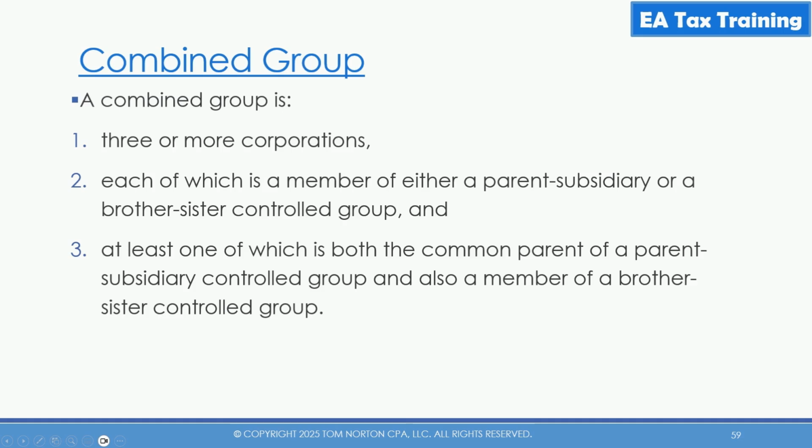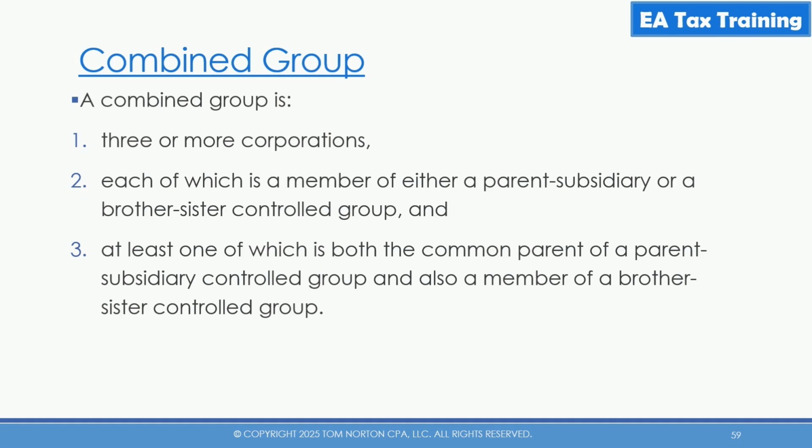And then our last group is a combined group. If all we had was the parent subsidiary and the brother-sister, there are some gaps that would come up, and you could arrange the corporations in such a way that you didn't meet the parent subsidiary rules and you didn't meet the brother-sister rules, yet you still had control over all the corporations.